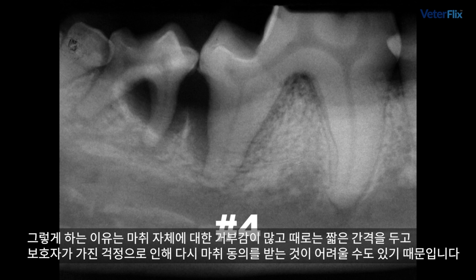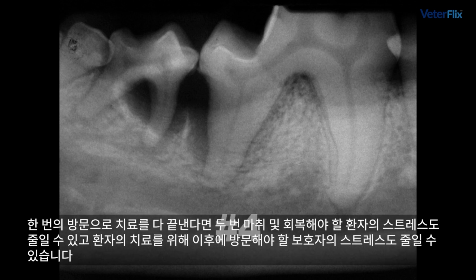The reason being is a lot of the resistance to anesthesia is the anesthesia itself, and so it's very difficult sometimes to get clients to agree to have that anxiety instilled upon them again at a short interval in the future when we could have taken care of everything at one visit and alleviated the patient stress of 2 inductions and recoveries and the client stress and the client inconvenience of having them come back for the procedure.